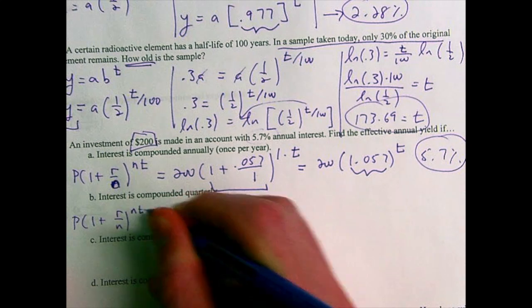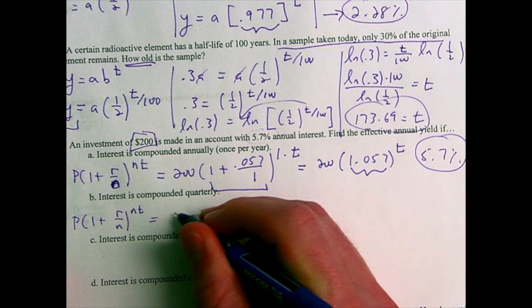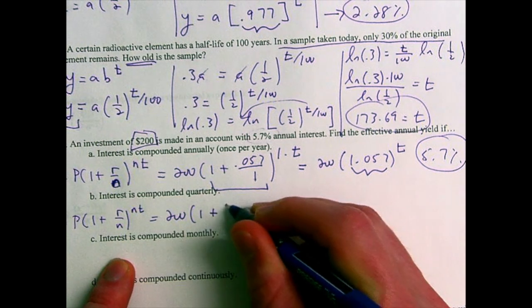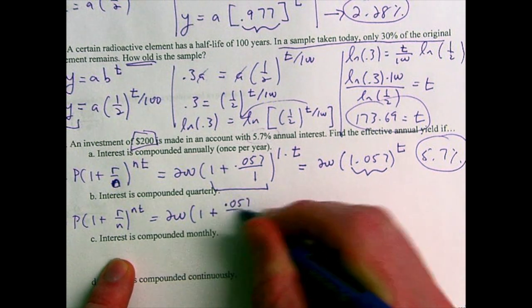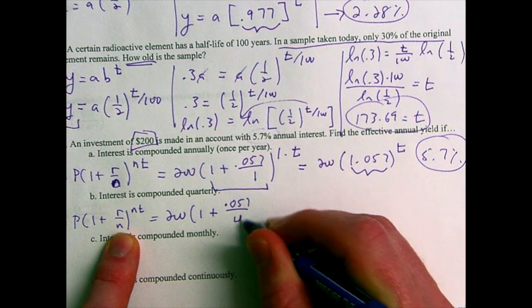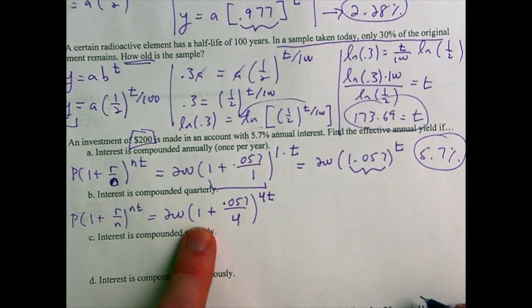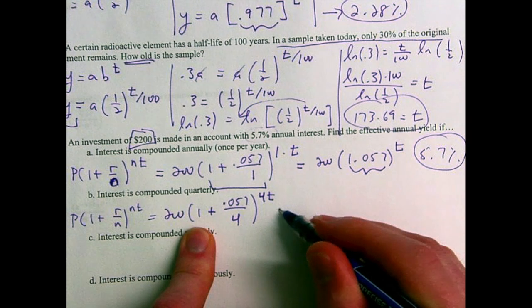The only difference is that n, the number of times per year, will be different. N is now going to be 4 because we're compounding quarterly, raised to the 4t. So now here's the thing. In order to see what's happening every individual year, you have to rewrite this expression so that the t is by itself.